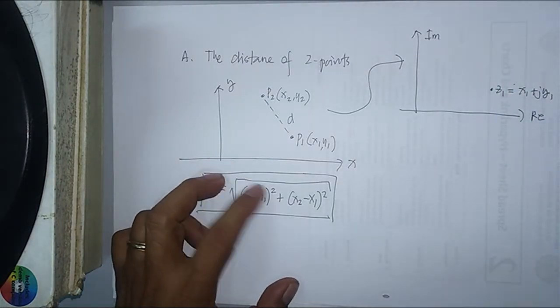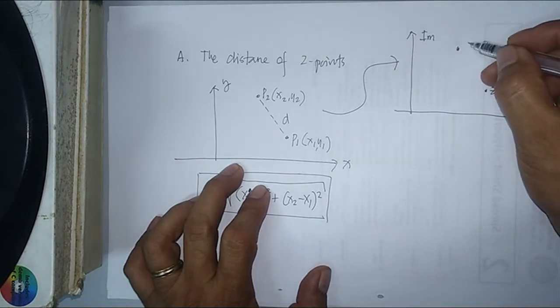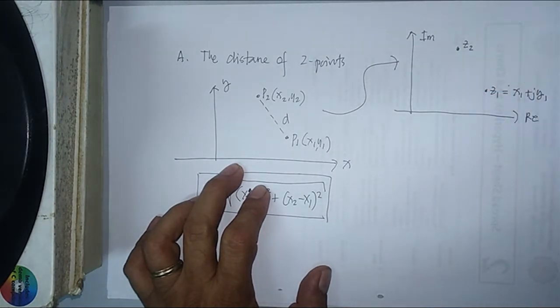To represent point 2, I will label this as Z2, equivalent to x2 plus j y2.